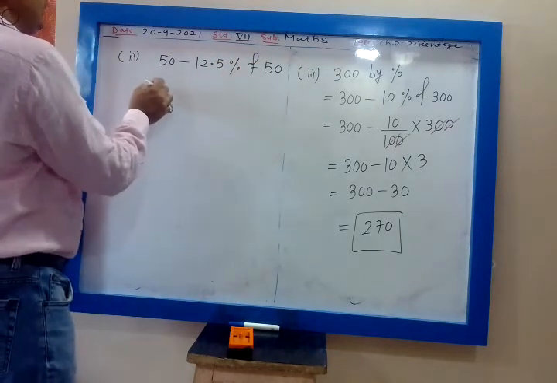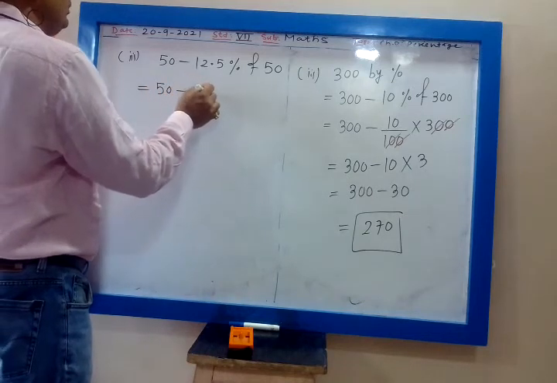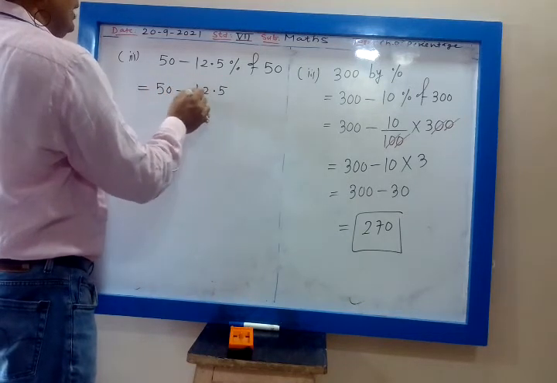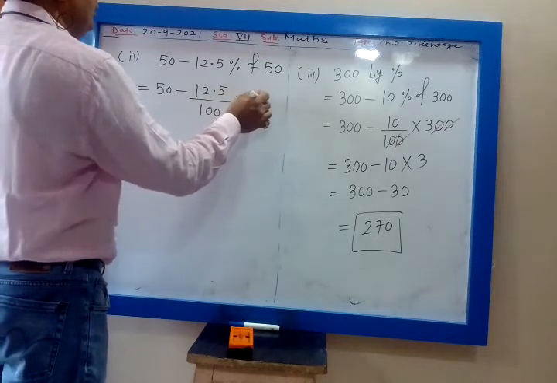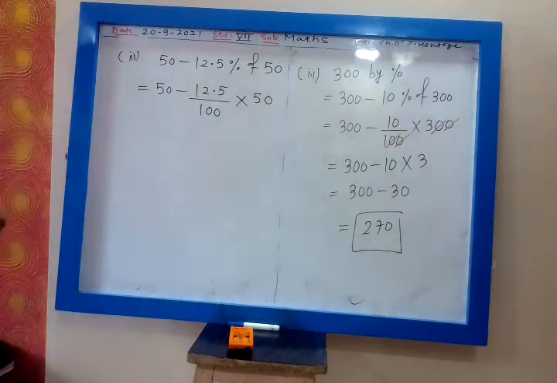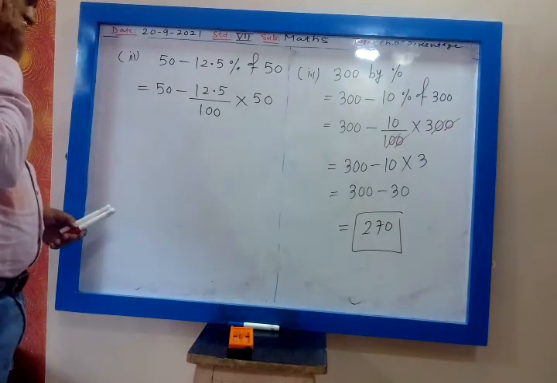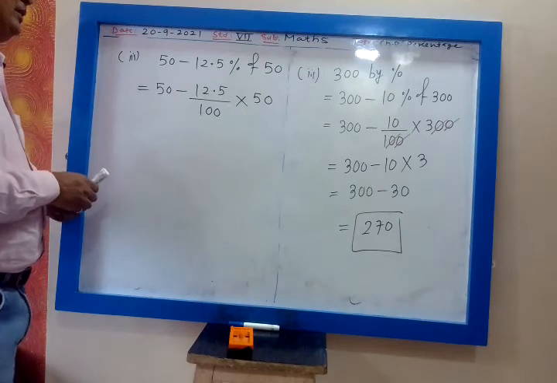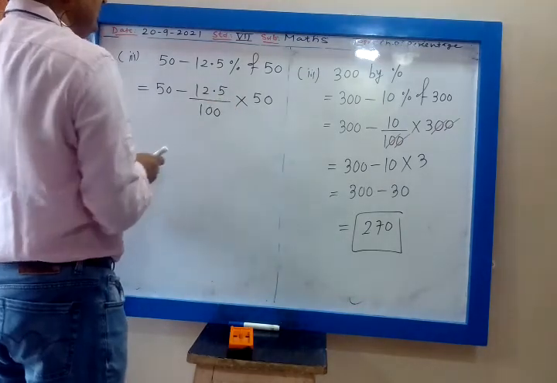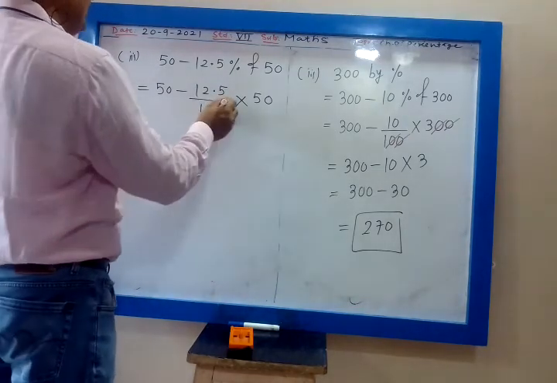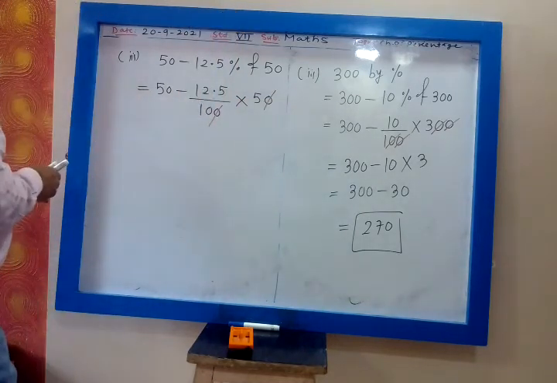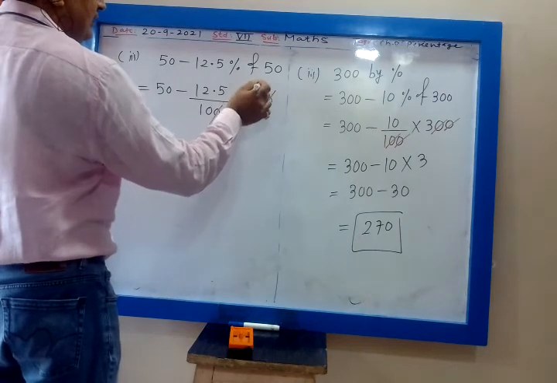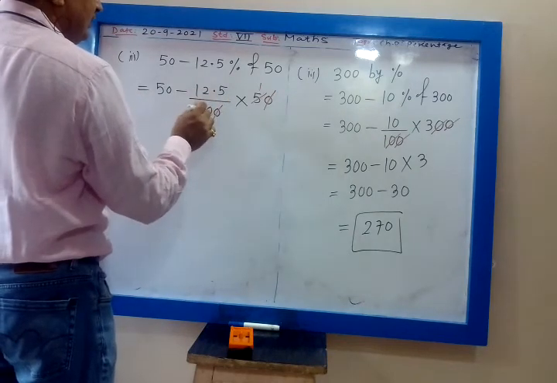So that will be 50 minus 12.5% means 12.5 upon 100 multiplied with 50. 1 zero gets cancelled. Then 5 1s are 5. 5 2s are 10.